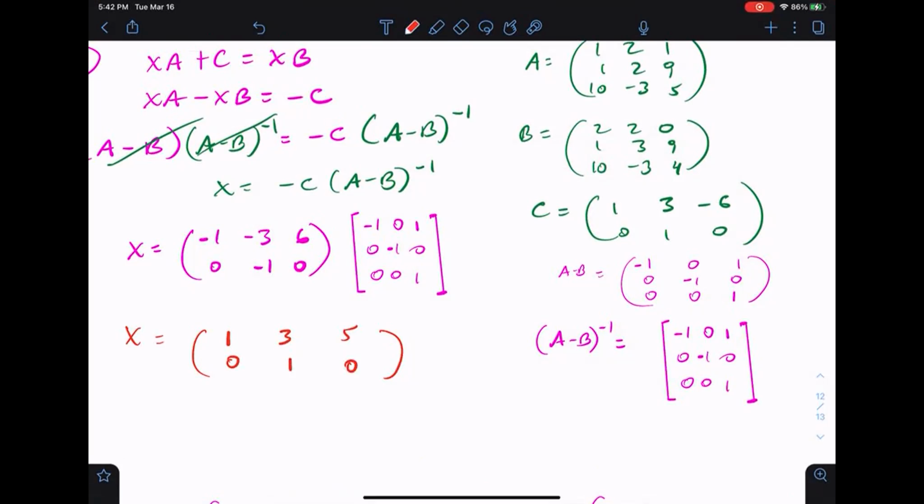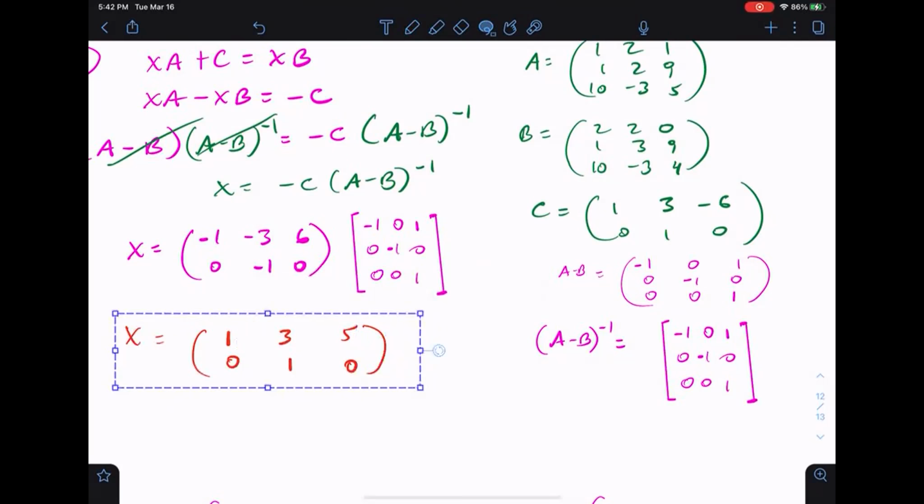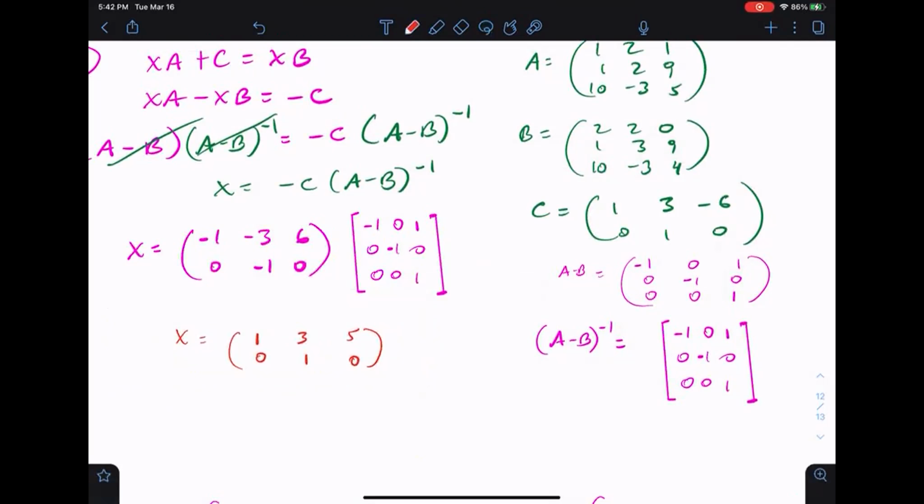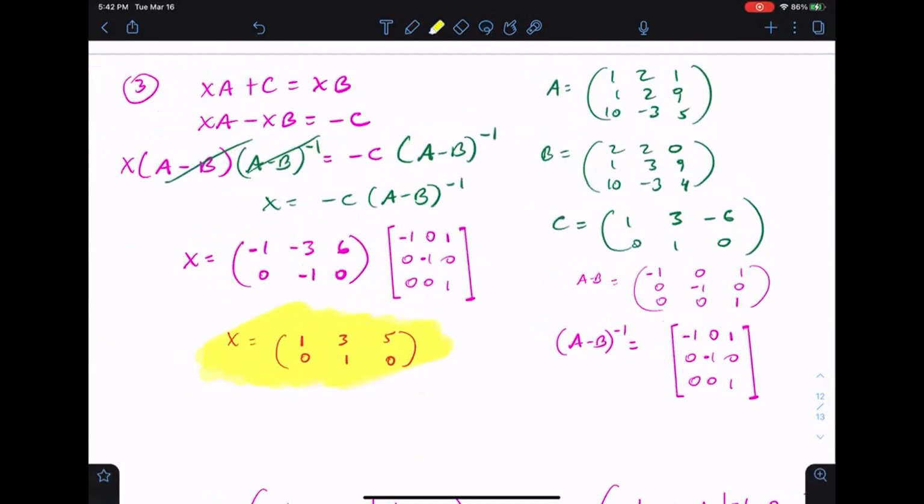So this is your final answer. This is the answer of this problem number 2 or 3, whatever. That's how you do it.